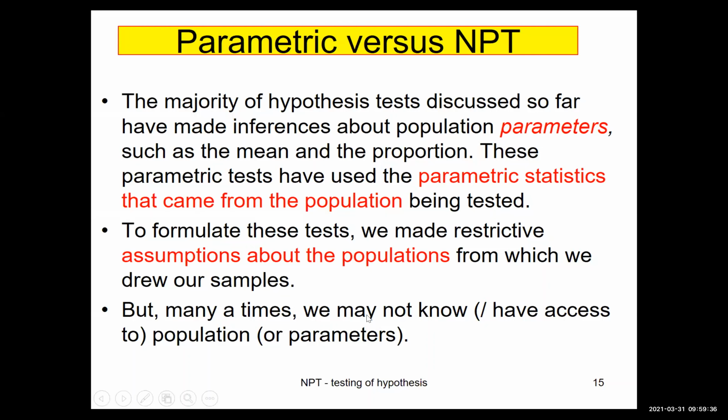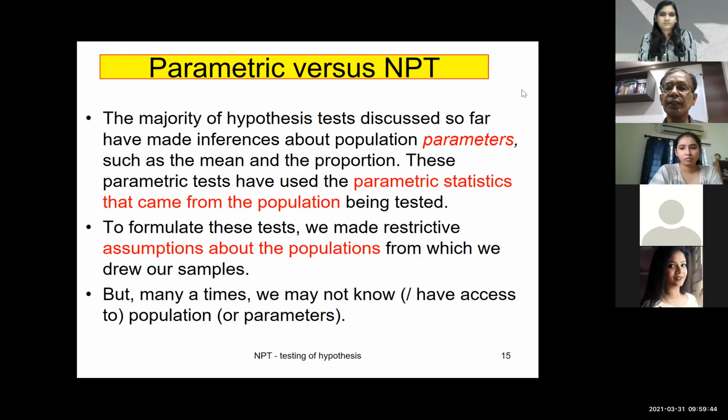But many times we may not know the population, or we may not have access to the population. For example, we were discussing this morning Covaxin and Covishield. It has not been tested 100%. Only a few persons have been vaccinated. So we don't know the exact effectiveness of the vaccine. Do we know that? We don't know.